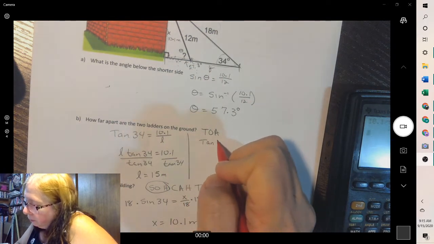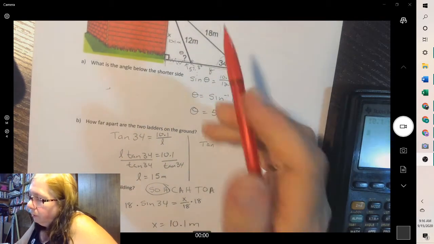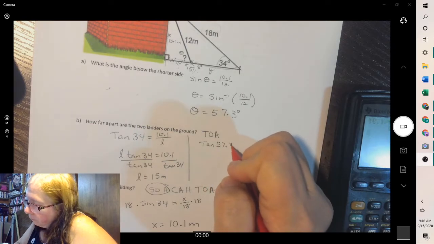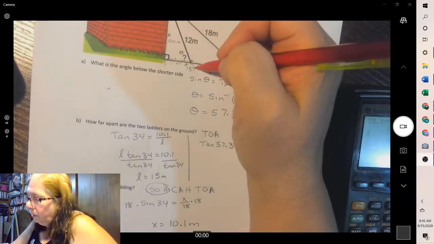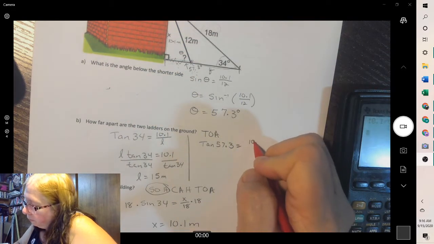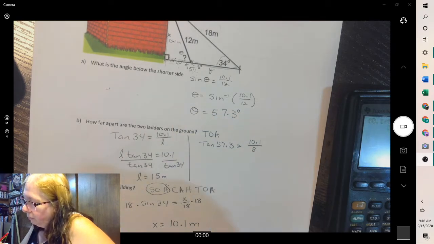Tangent 34, oops, not 34, this one's the other angle. It's the 57.3. So this angle, opposite over adjacent, 10.1 over the shorter side.